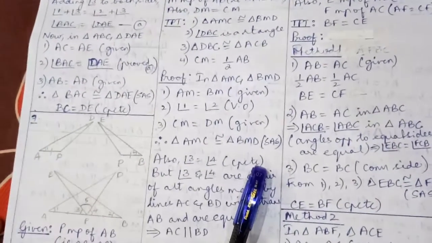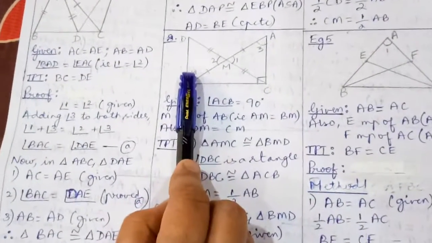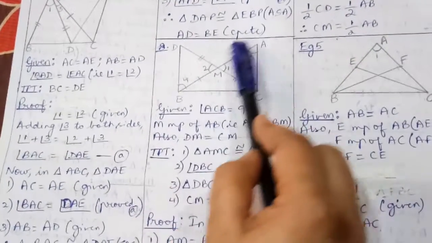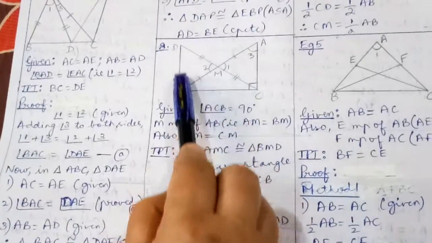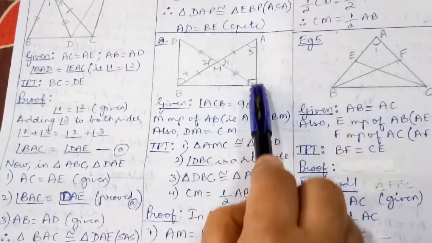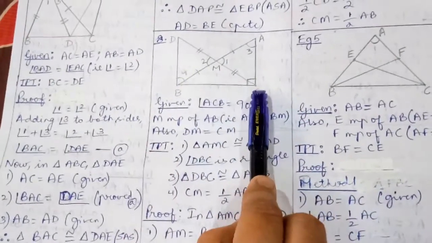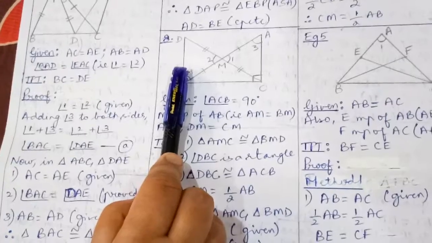Reason: CPCTC. But angle 3 and angle 4 form a pair of alternate interior angles made by the transversal AB with the lines DB and AC. Angle 3 and angle 4 are equal now.